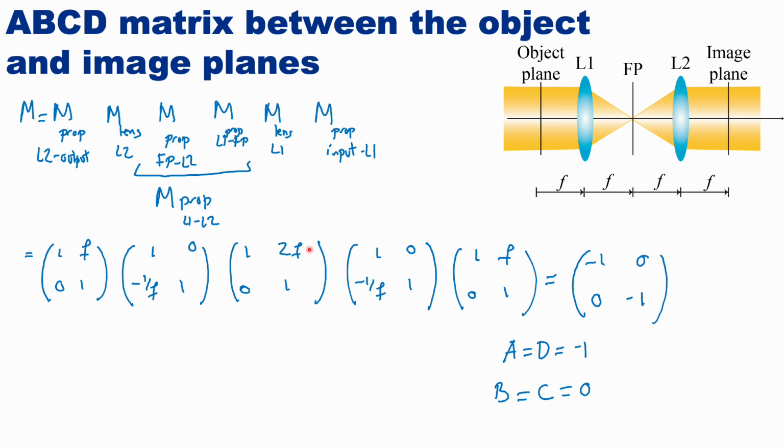That's why we have here the 2f. Then we meet our lens L1, and then we have the last propagation from the input, the object plane, to L1. And when we multiply all the matrices, we find that A and D are the same and equal to -1, and B and C are the same and equal to 0.